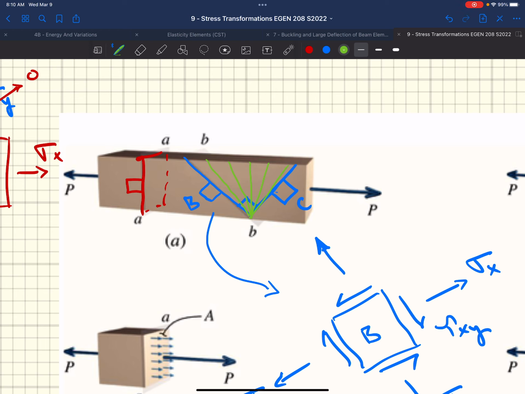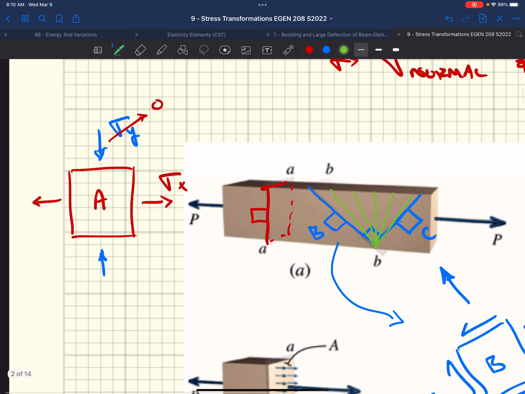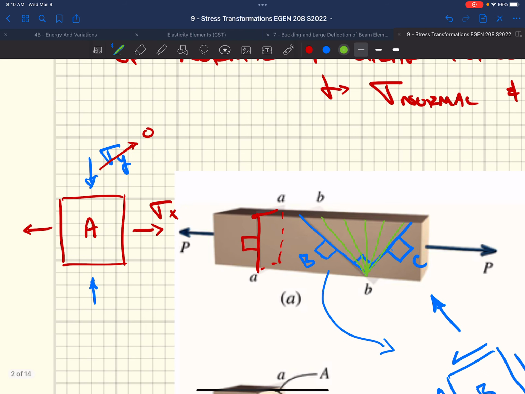So we don't want to miss the maximum, which might not be where we actually calculate it. It's really easy to calculate what's going on a plane perpendicular, but that doesn't mean we didn't have any shear stresses. The second we started looking at a plane at a different orientation, we start to see shear stresses.